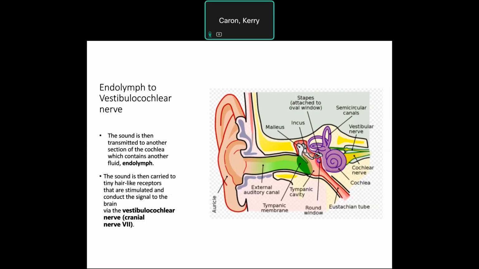Remember in the nose, we had little hair-like receptors, same thing here. Those hair-like receptors get stimulated and then conduct a signal to the brain via the 8th cranial nerve, which is the vestibulocochlear nerve.